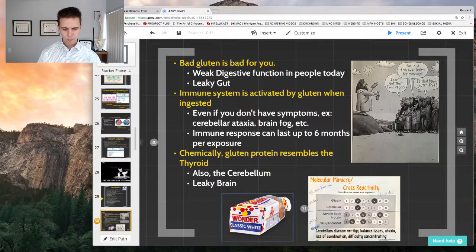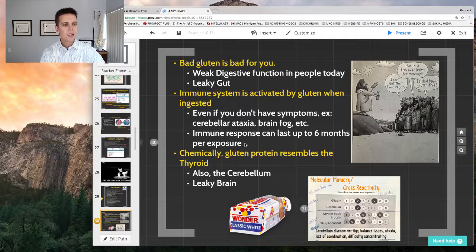Or, what patients will tell me oftentimes too is when they go to Europe or Australia or parts of the world where they don't use genetically modified seeds and foods and plants, they feel fine as well. They can have their baguettes and their scones and their muffins and their bagels, and they're fine. But when they come back to the U.S., that's when their symptoms return when they have those foods.